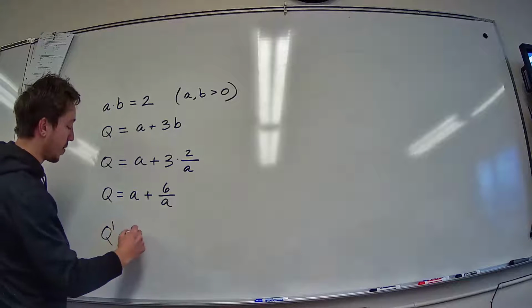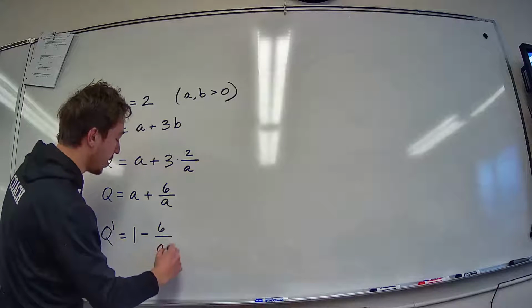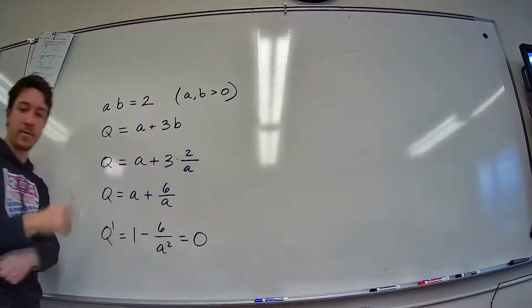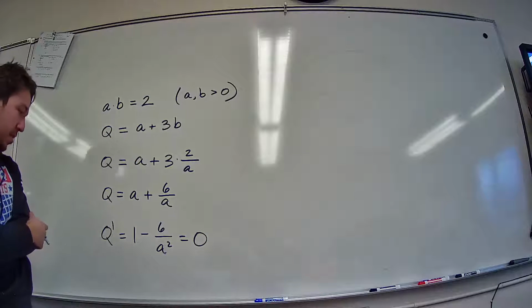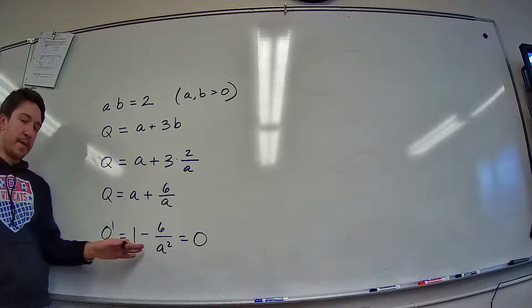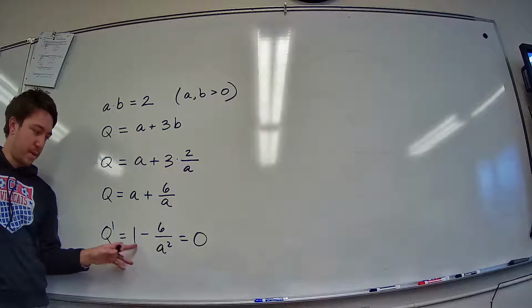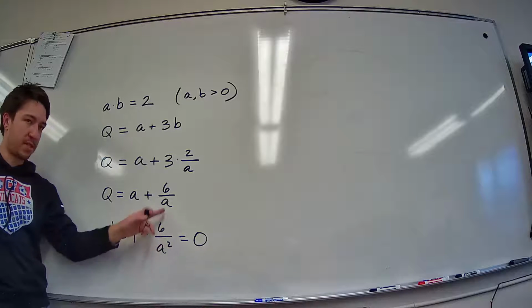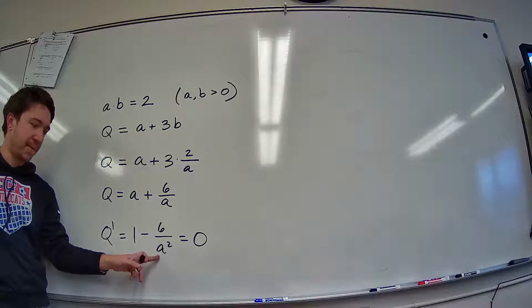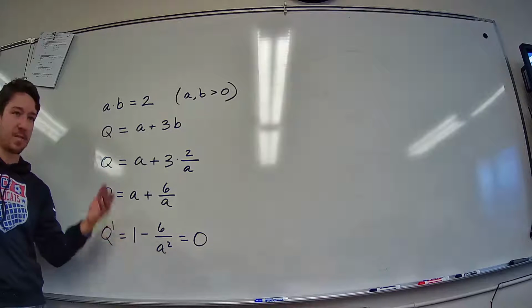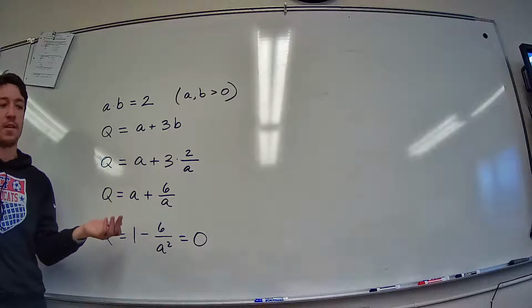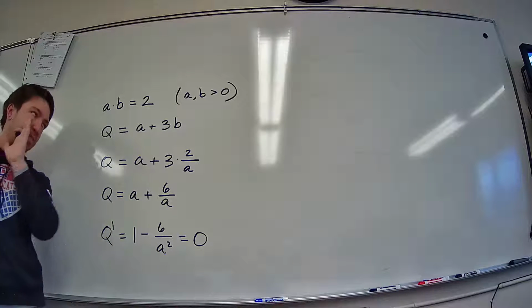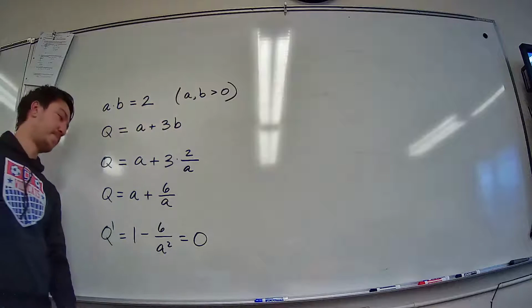Take the derivative, you get 1 minus 6 over a squared. Set it equal to 0. Now you can rearrange this and solve, or just look at it and go, well, 1 minus 1 makes 0. So in order for this fraction to be 1, the bottom of it has to be 6, which means that a has to be the square root of 6. Not the negative square root of 6, because a has to be positive.